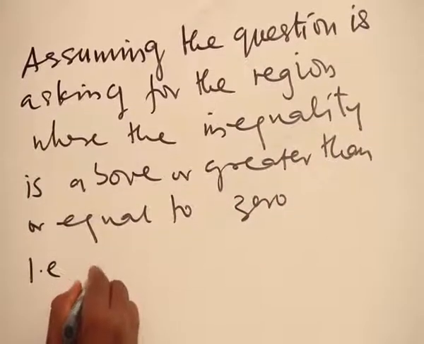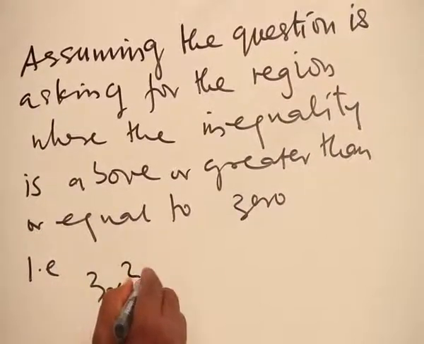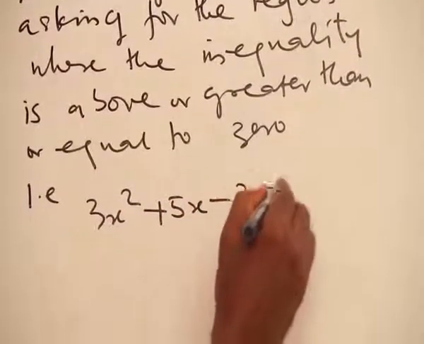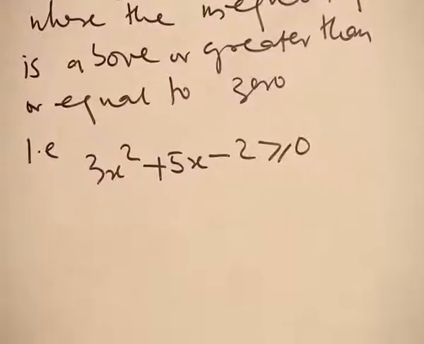That is, 3s squared plus 5s minus 2 is greater than or equal to 0.